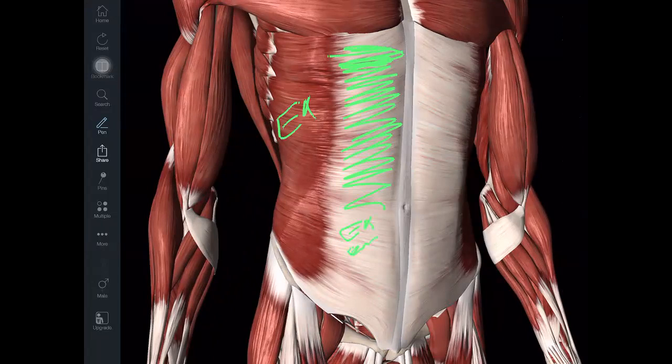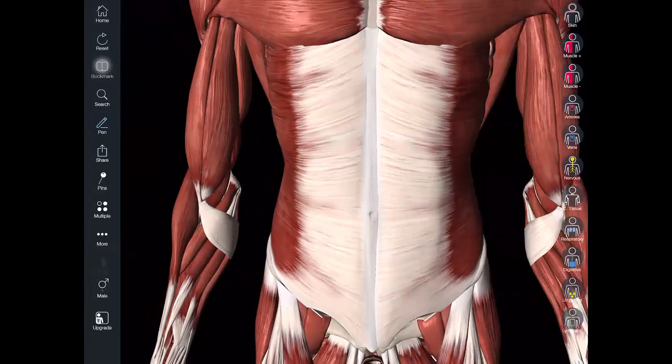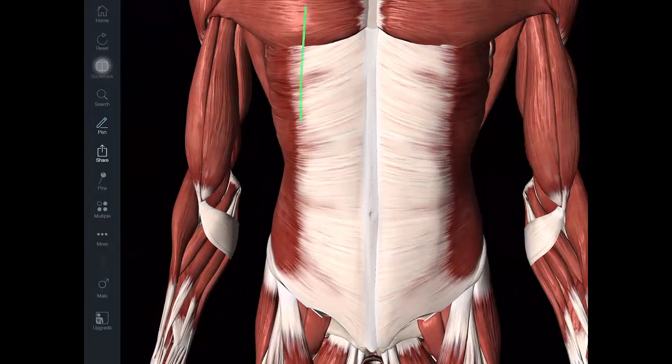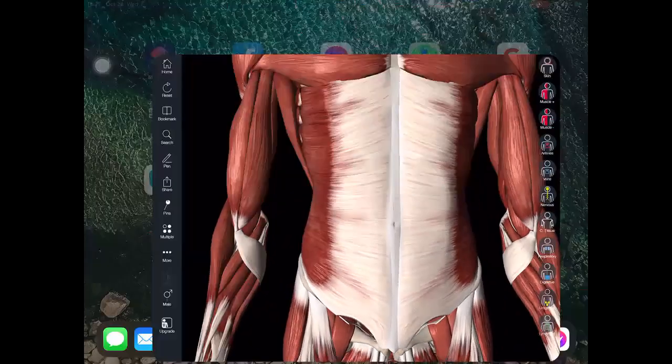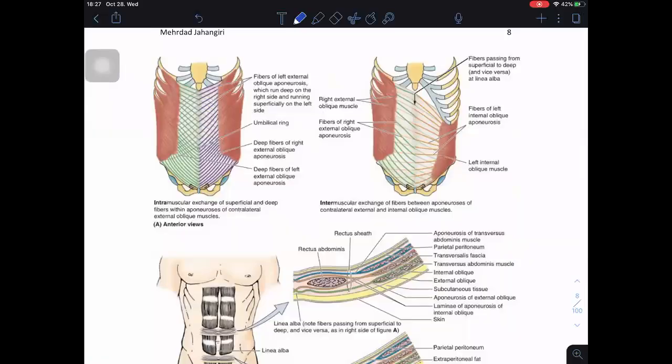All right, so in the case of the external oblique muscle, the aponeurosis of the muscle starts at the level of the mid-clavicular line, to be more accurate.